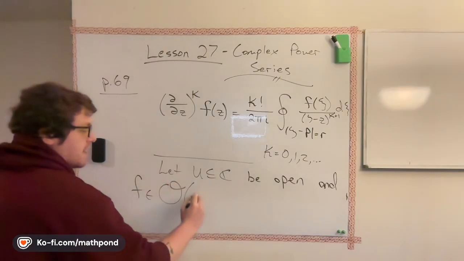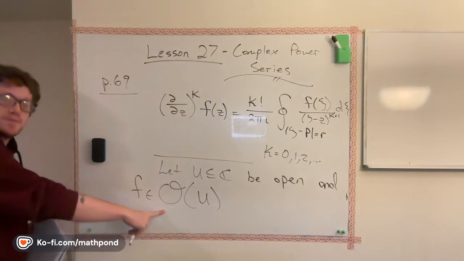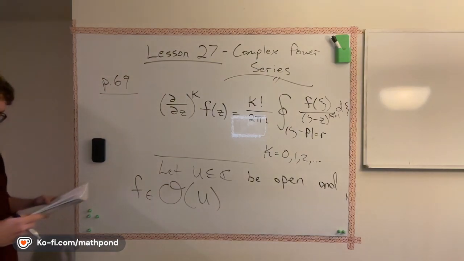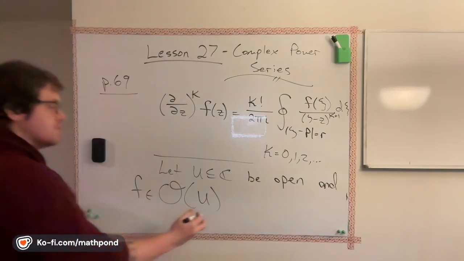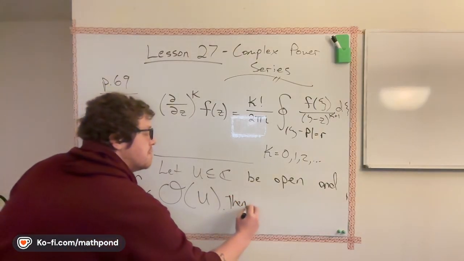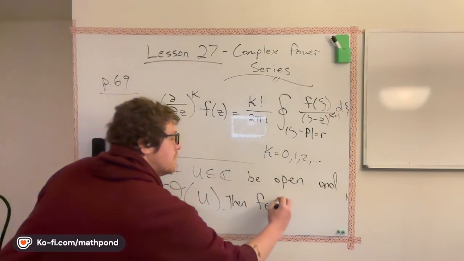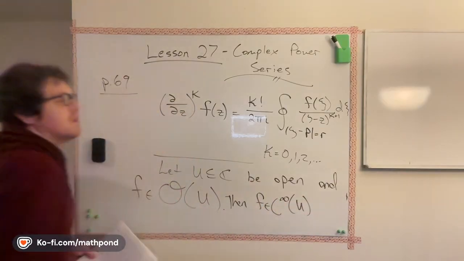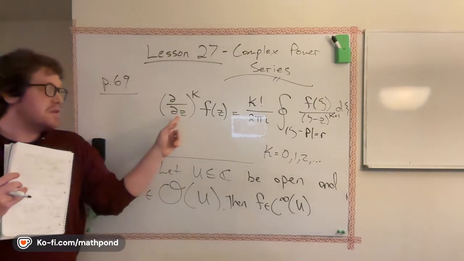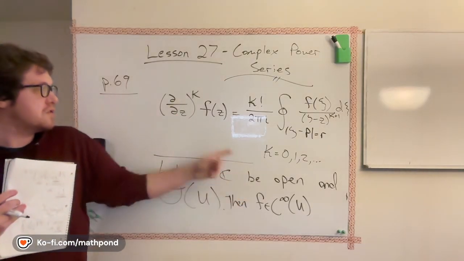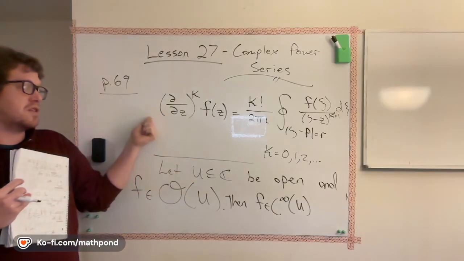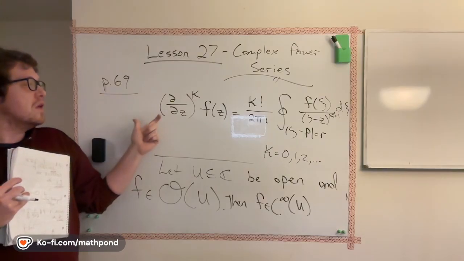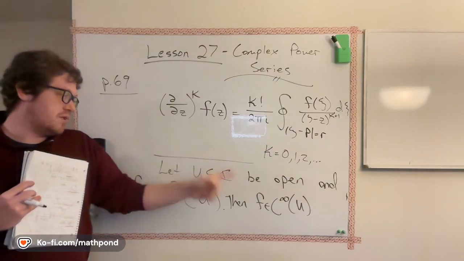Sometimes I'll write holomorphic on U like this. So f is holomorphic on U. Then f is C infinity on U. In particular, we know all the higher derivatives are given by this formula. In fact, we'll show in the next theorem or lemma that f is C infinity.